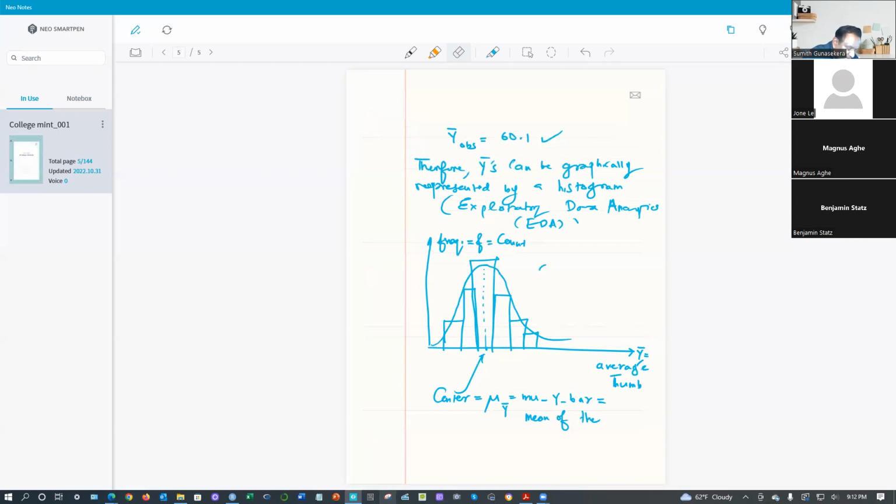We call this a sampling histogram, because it is based on samples. Because of that, I call the distribution the sampling distribution. Of whose sampling distribution? Y bar. It's not the sample distribution of y, not of thumb length. It's the average thumb length we took, and based on that we built this. This is the mean of the sampling distribution of y bar.